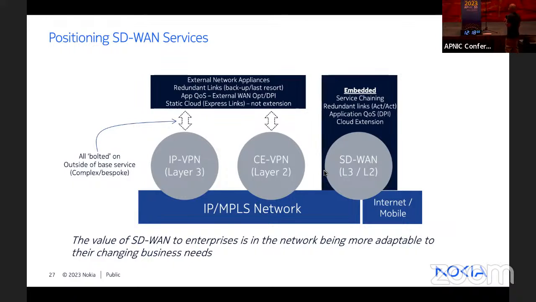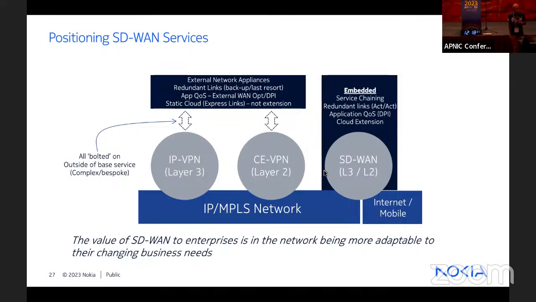To do value-added services and more on top of it, we typically have to resort to other appliances, either at the branch side itself or within the service provider's network. So things like QoS and all that are kind of bolted on to the service.